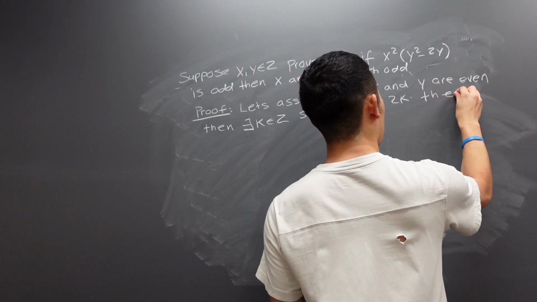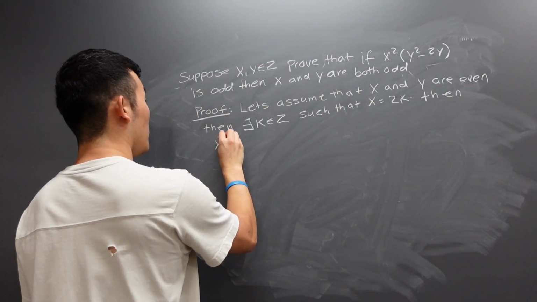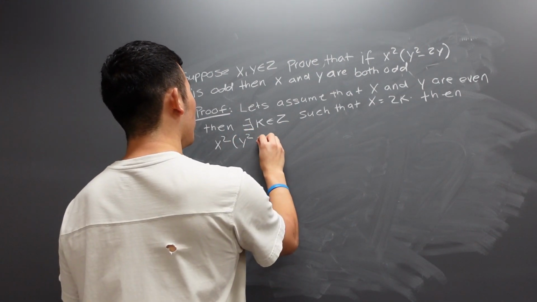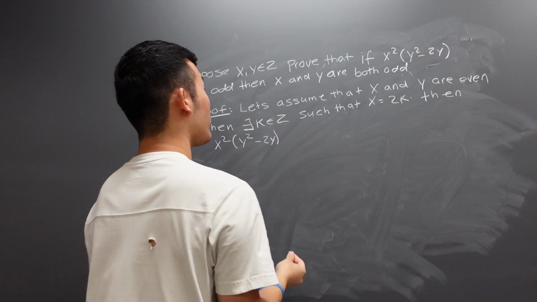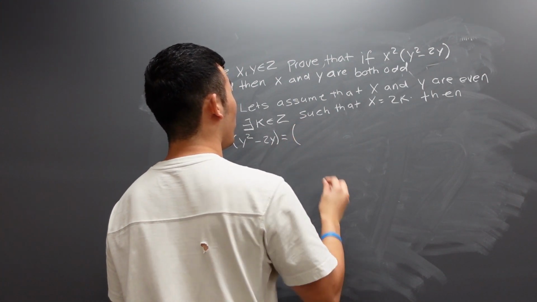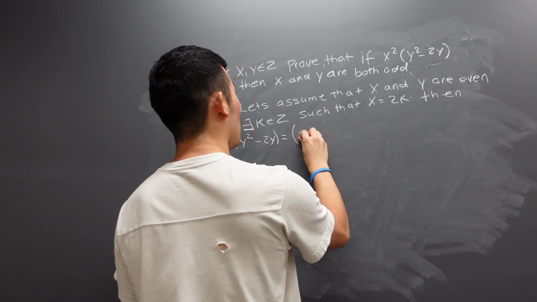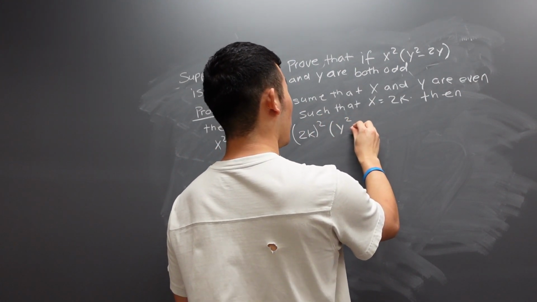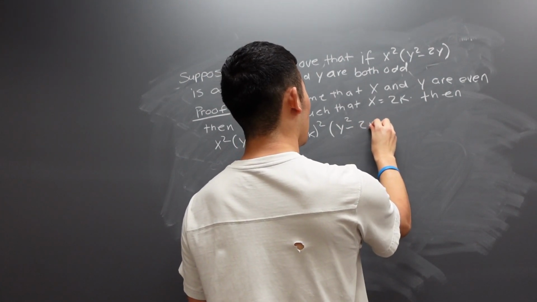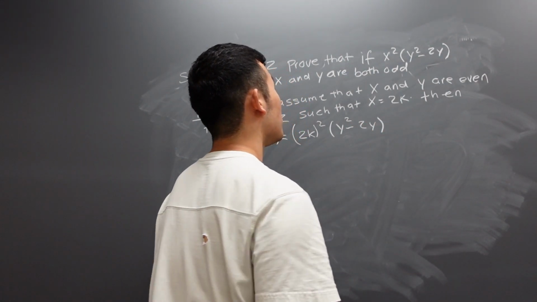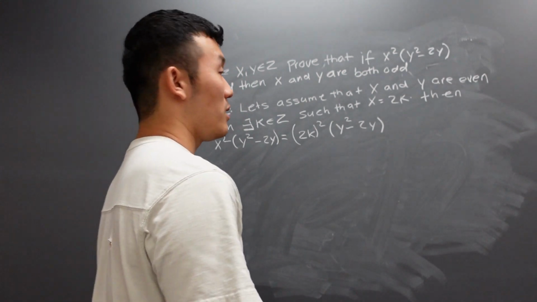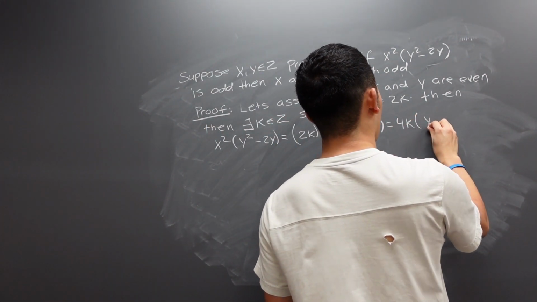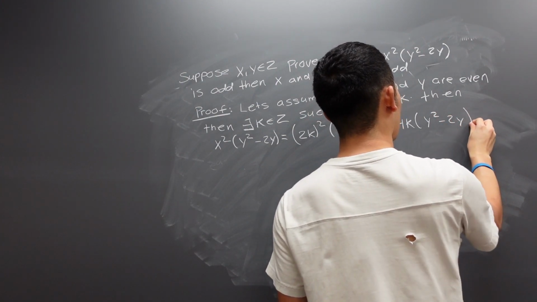Then x squared times y squared minus 2y. I'm just replacing k for x. 2k squared times y squared minus 2y, which is then equal to 4k squared times y squared minus 2y.